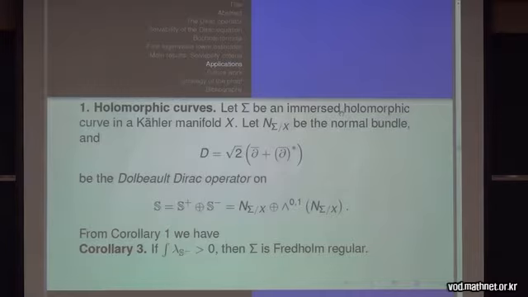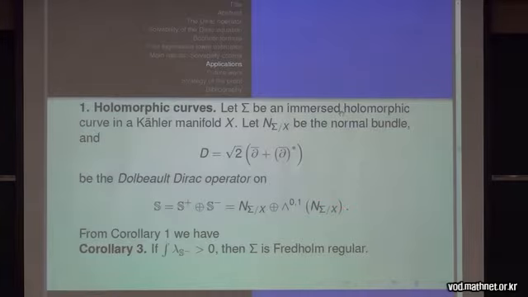Let sigma be a holomorphic curve in a Kähler manifold, and in this case, we denote the normal bundle by N, and Dirac is given by d bar and d bar star, and the Dirac bundle has a Z2 grading structure as this, and this is S minus.